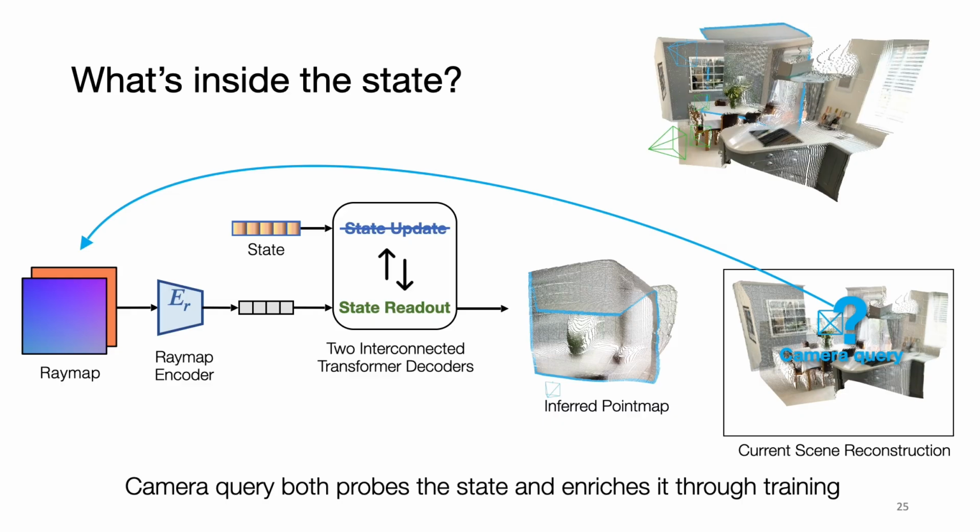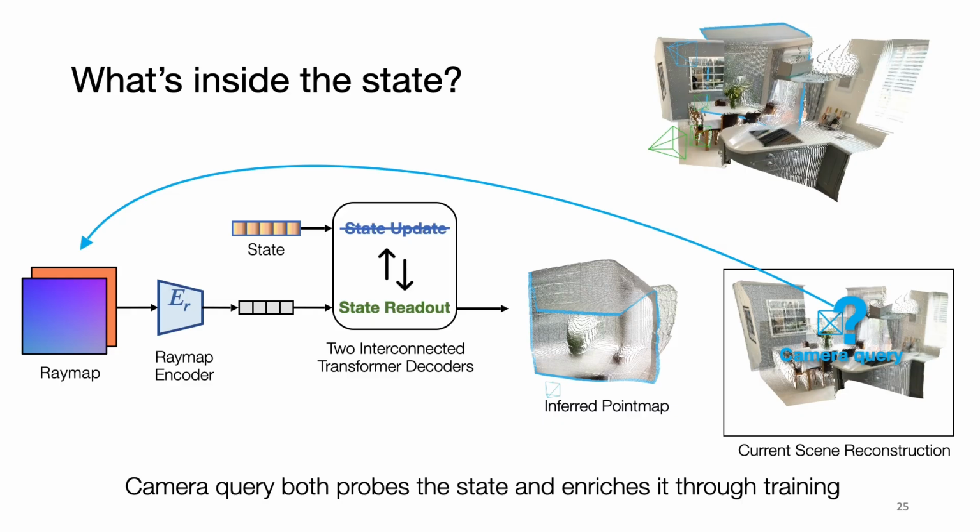Now, of course, this is not an emergent property. In order to get this result, you also have to train the method specifically to operate with the raymap. So you can think about this camera query, or the raymap, as a way to both probe the state to understand what's inside, and also a way to enrich it through training, because if we add any supervision, then we have to have explicit content, and that will propagate back to the state to force it to incorporate richer information.